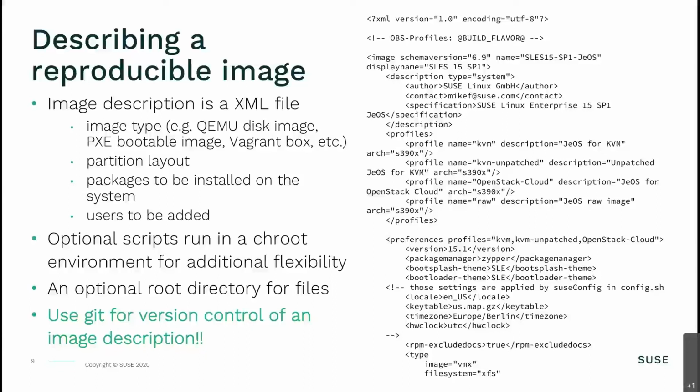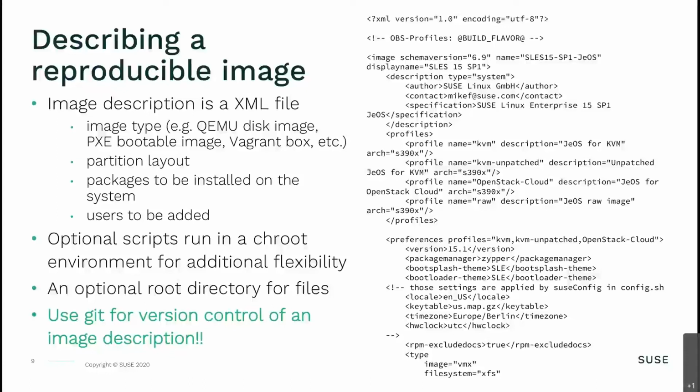What's really cool about utilizing Kiwi is that you describe the image in XML. Part of that description tells what the image type is, whether it's going to be a PXE bootable image, a Vagrant, a container, a QEMU disk image, or a raw disk image, what the partition layout is going to be, what type of file system you're going to have, what packages are going to be installed, what users you're going to add, things like that.